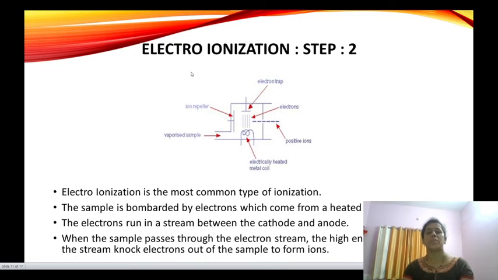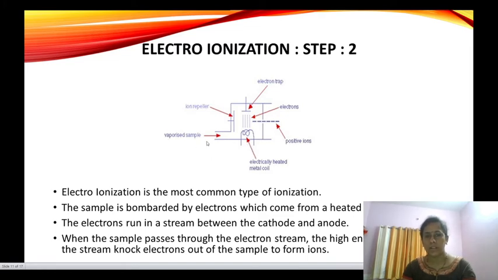Now what happens in electron ionization? Here I am showing you the diagrammatic representation of electron ionization. This is the most common method of ionization. Here the sample is bombarded by electrons which come from a heated filament, that is from here.